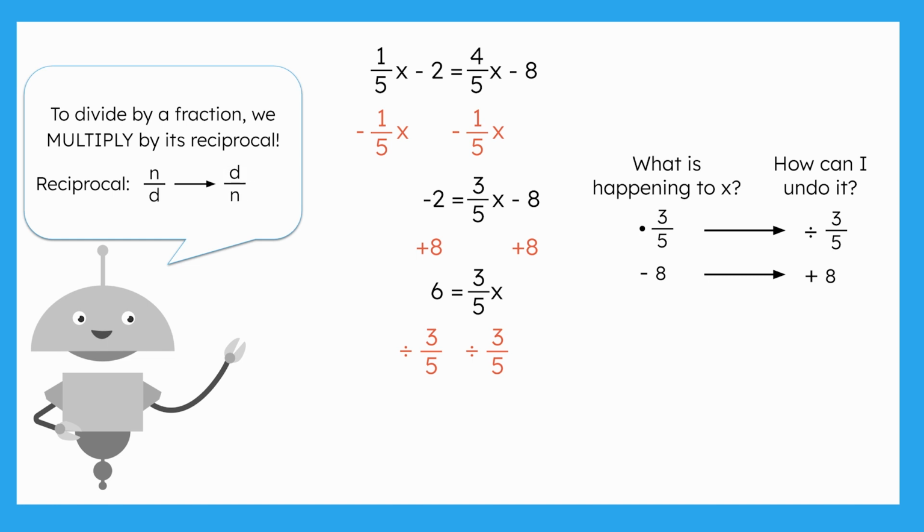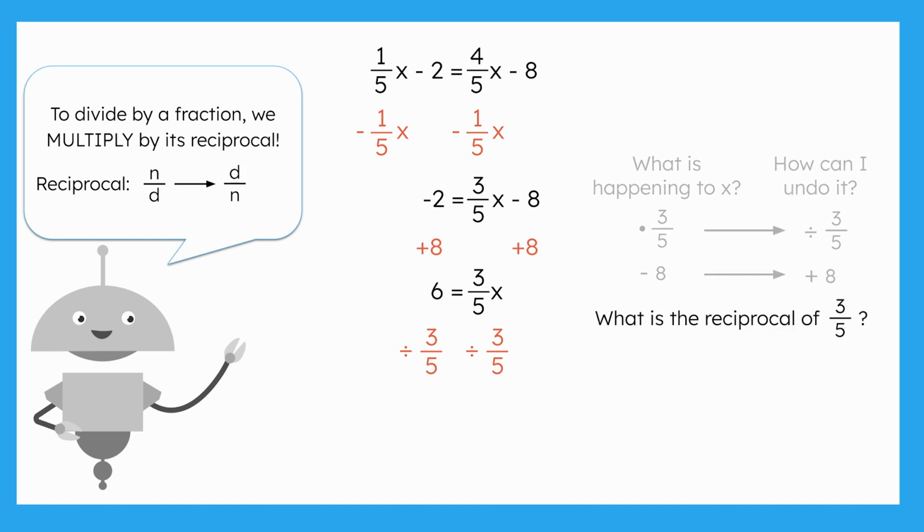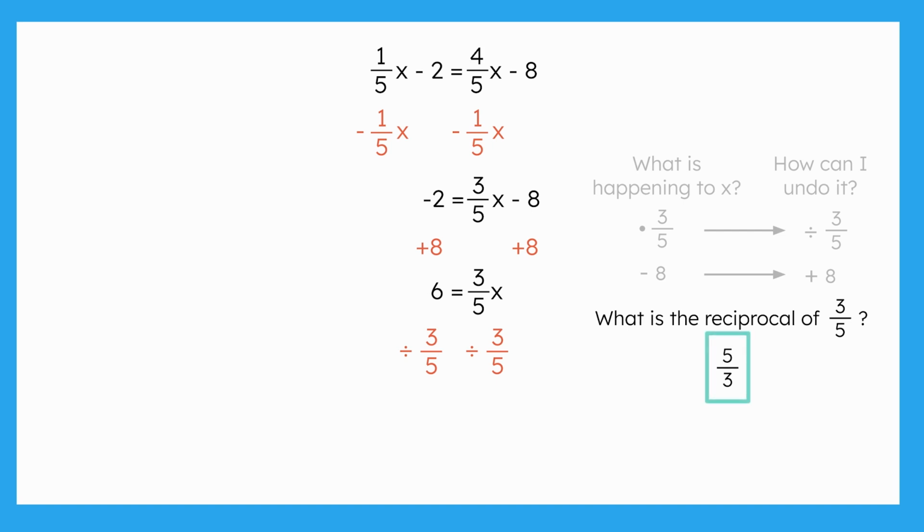So, what is the reciprocal of 3/5? Exactly, 5/3. So to divide both sides by 3/5, we actually multiply both sides by its reciprocal, 5/3. 3/5 times 5/3 equals 1x.